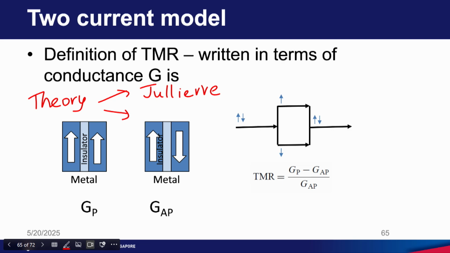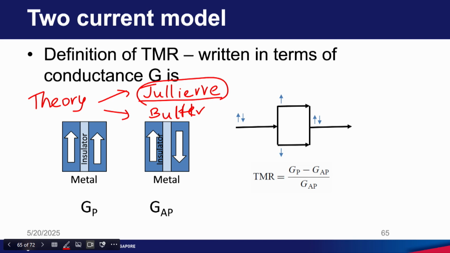Then there is also a recent model proposed by Butler. So, there are two models for the understanding of TMR. For the time being, let us look at the old model, the Julier model.